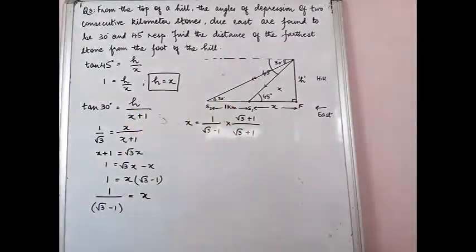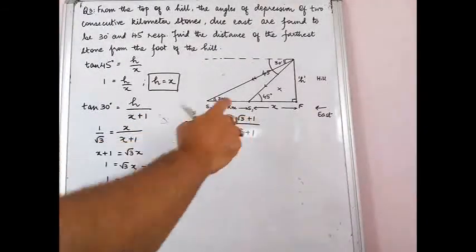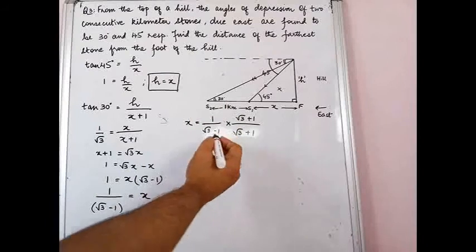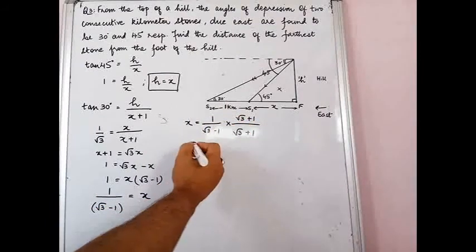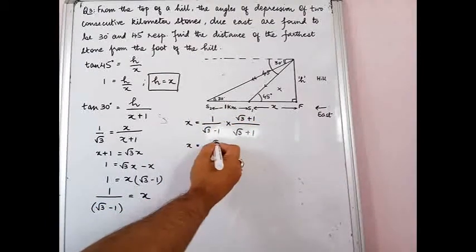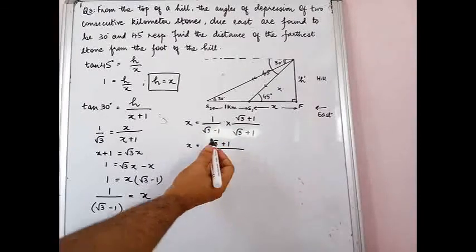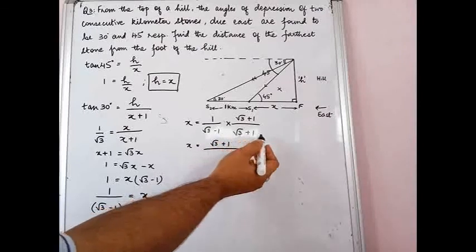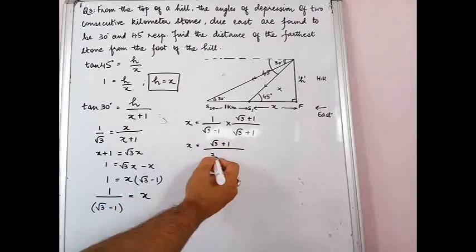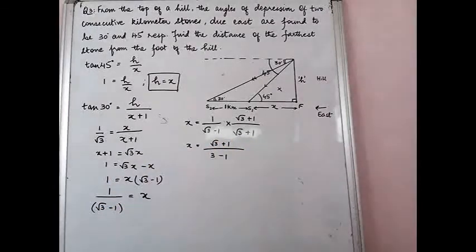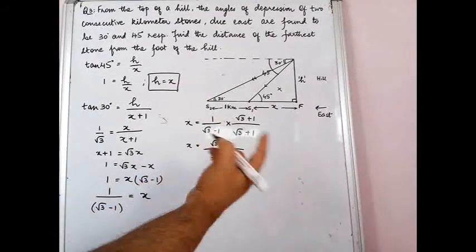So you multiply both numerator and denominator, but with a change in sign in the middle. So you see, the numerator will obviously become simply root 3 plus 1, whereas the denominator, this is a minus b into a plus b, so that becomes a square minus b square. Root 3 square is 3 and 1 square is 1.